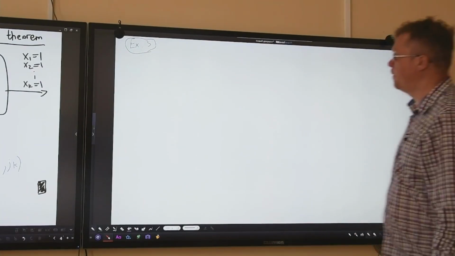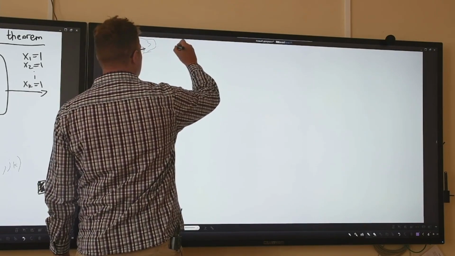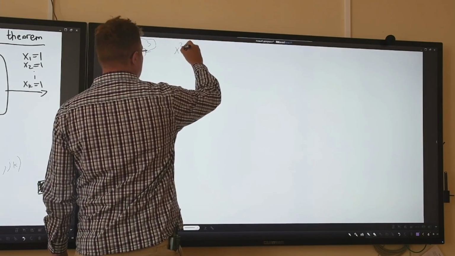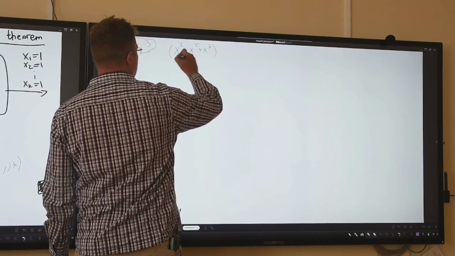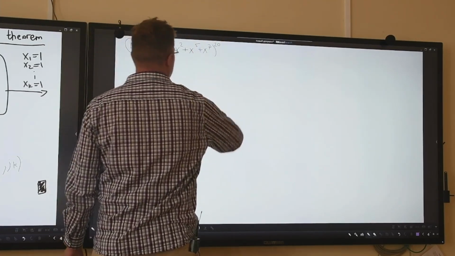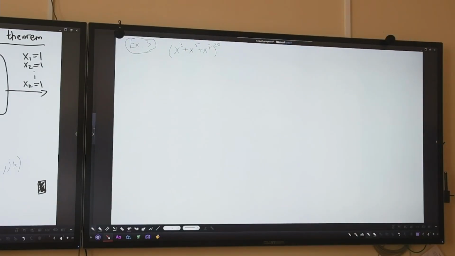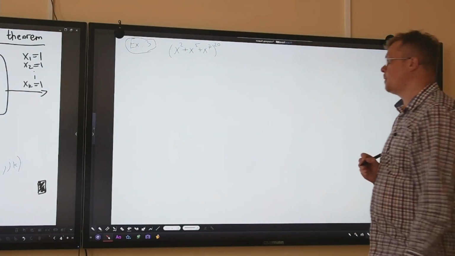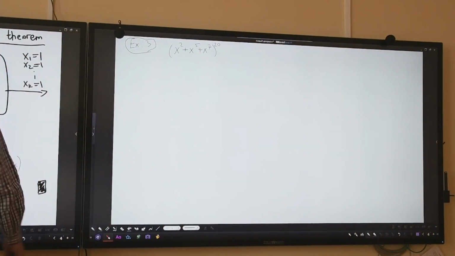Okay, the first task will be: suppose we have this expression, x to the power 2 plus x to the power 5 plus x to the power 7, all this to the power of 20.